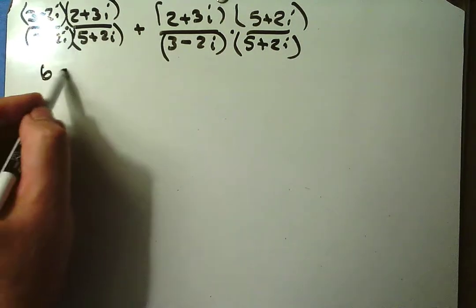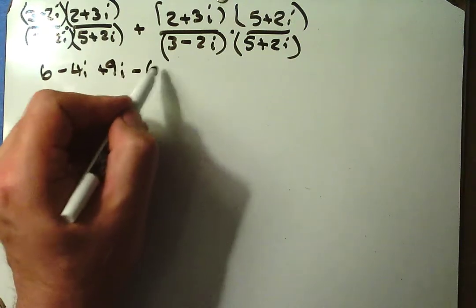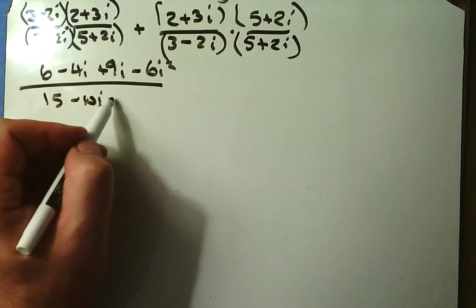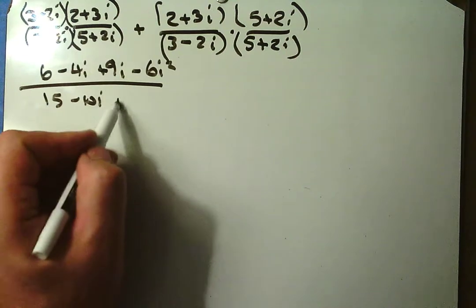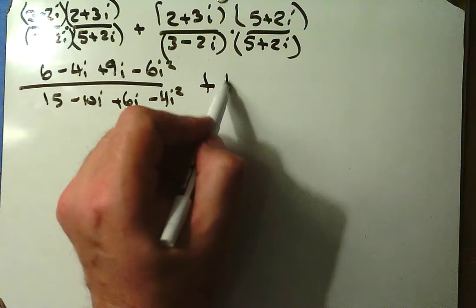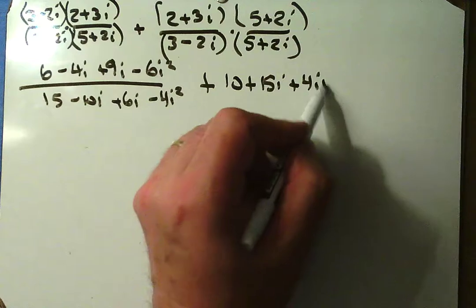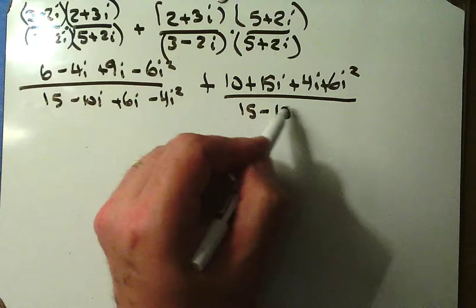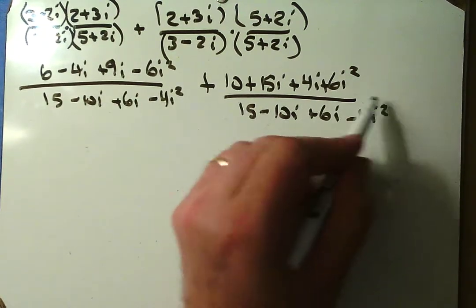So we've got 6 minus 4i plus 9i minus 6i squared over 15 minus 10i minus 10i plus 6i minus 4i squared, plus 10 plus 15i plus 4i plus 6i squared over 15 minus 10i plus 6i minus 4i squared.